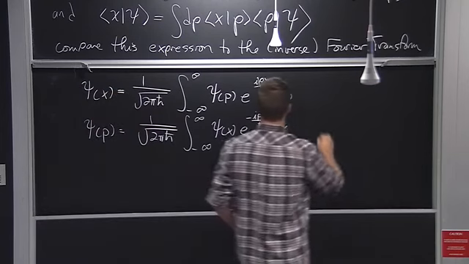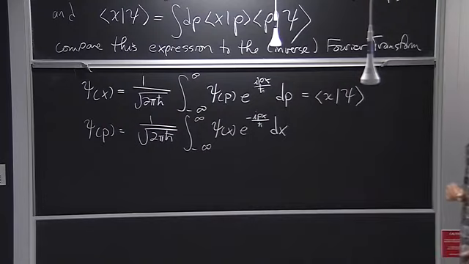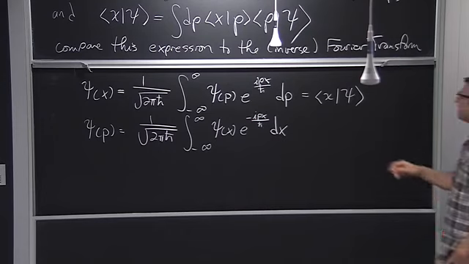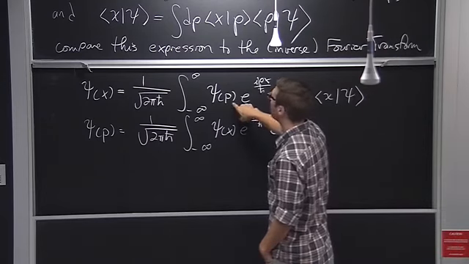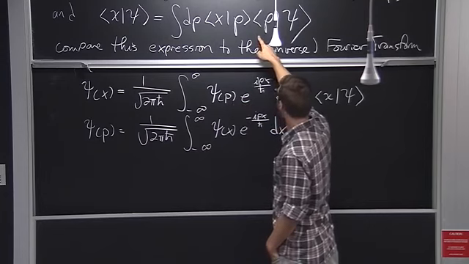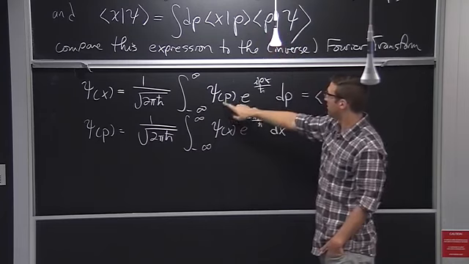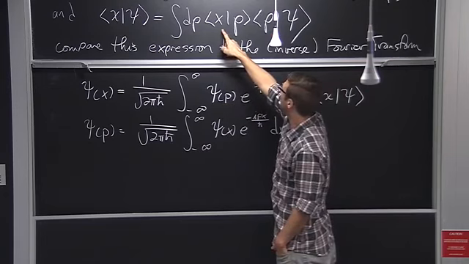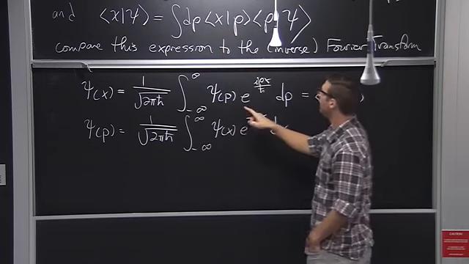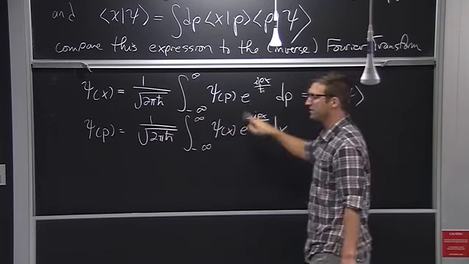But if I look at this expression here, this is the wave function projected into position space. And so I can compare the elements of the integrand from this expression to this expression here. This thing here is just psi projected into the momentum basis. And so from that we have exactly an expression for what the product of x and p is, and that's just this normalization constant and the exponential here.